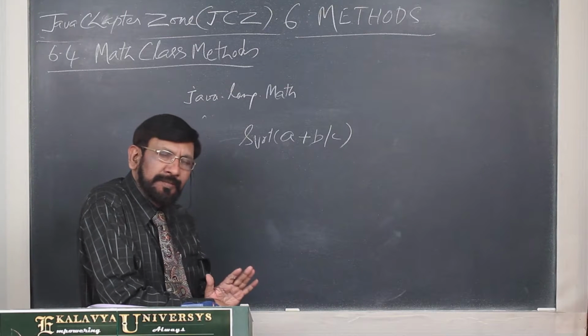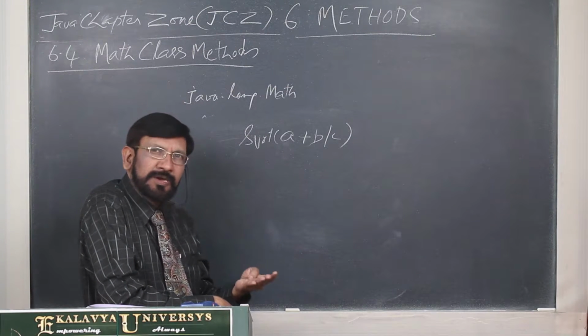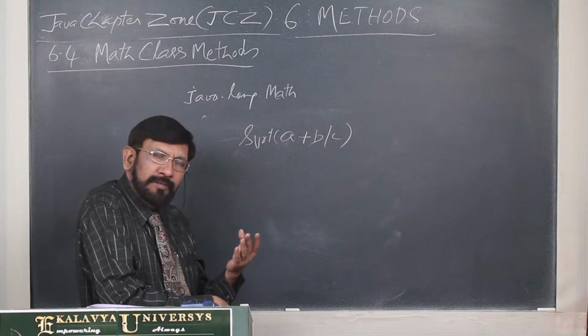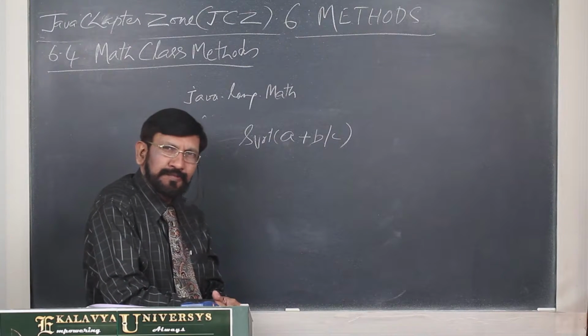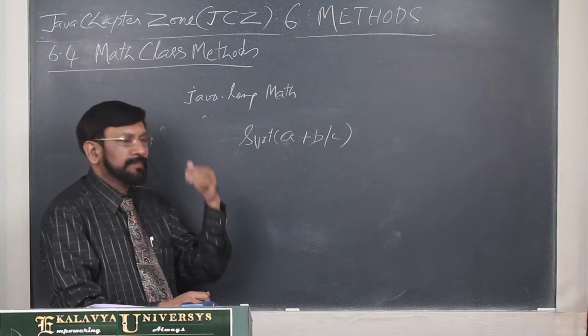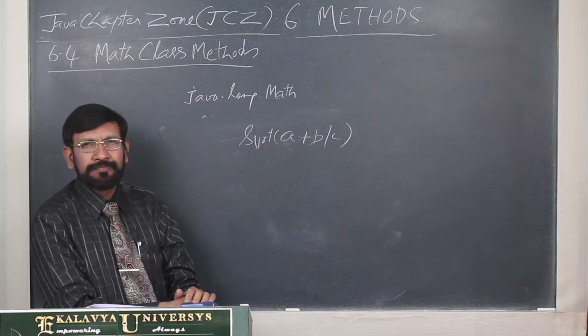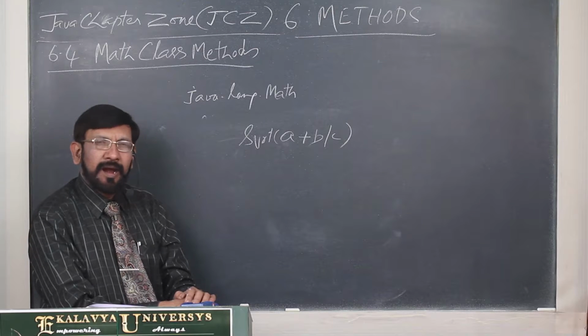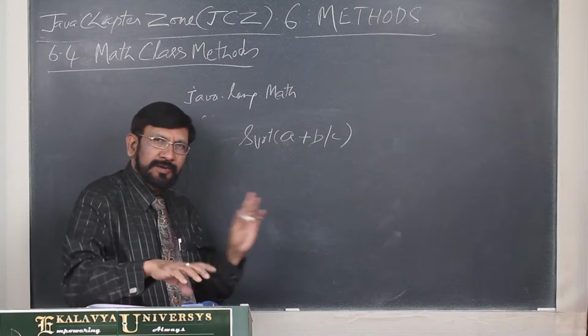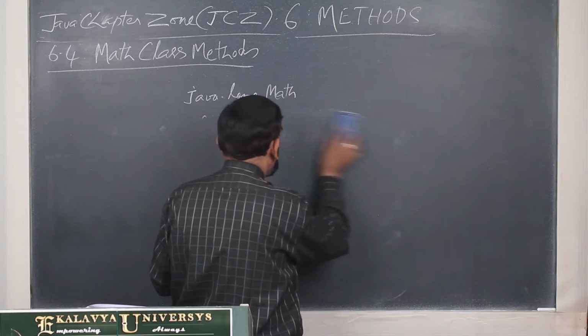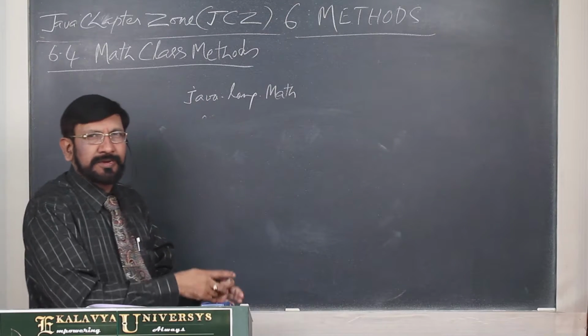So for mathematical methods, you may give constants, variables or expressions. When you give an expression, the expression is first evaluated and thereafter the square root is calculated. This principle is applicable to all mathematical methods.